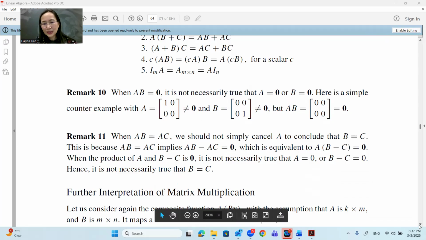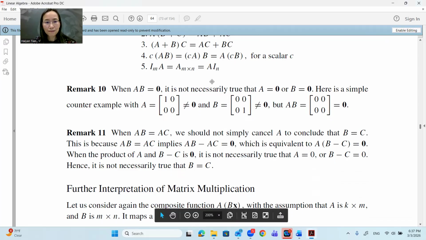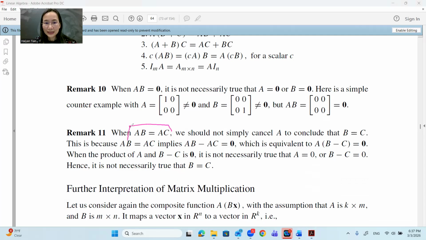That also means if you have AB equals AC, can we cancel the A and say B is equal to C? Can we come to that conclusion? Also, we need to be very careful. Let's do it carefully.